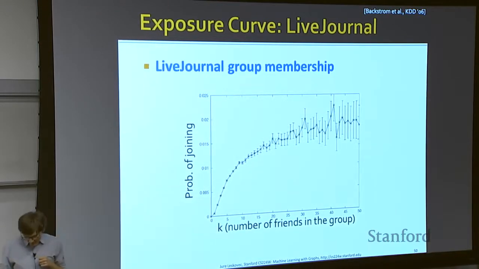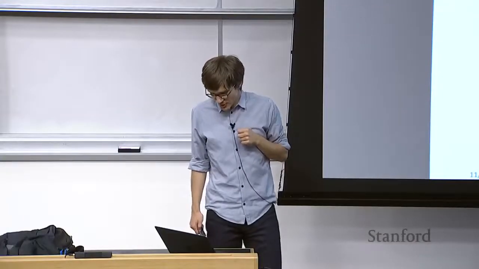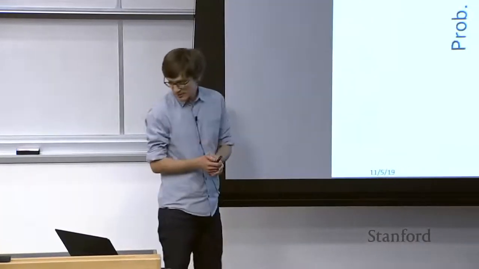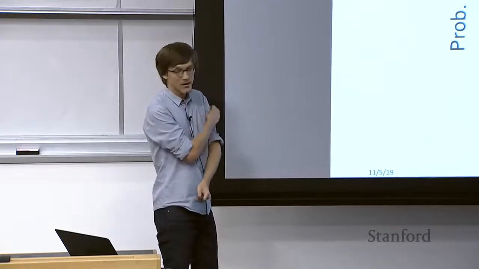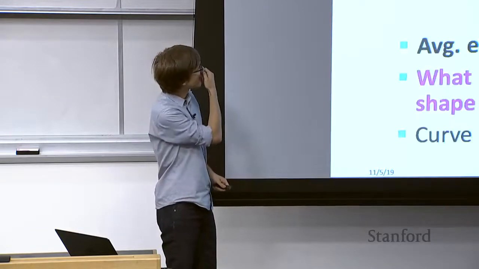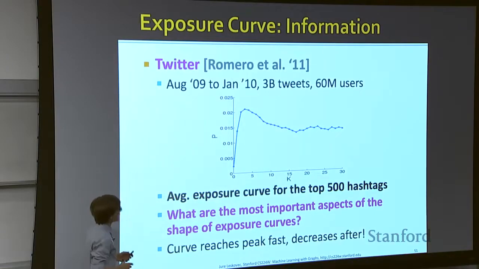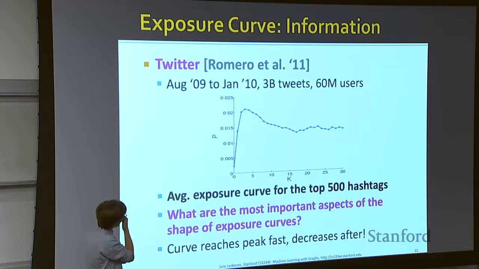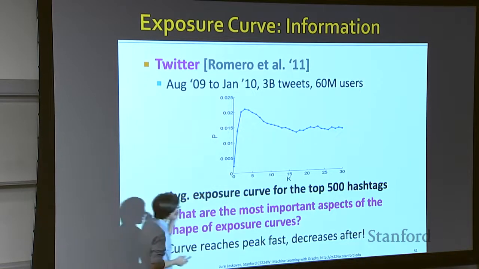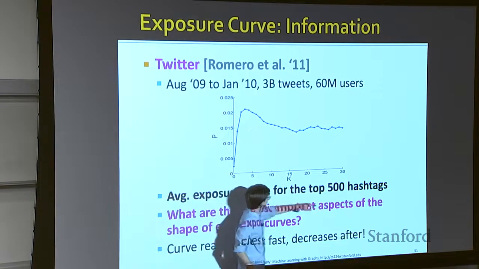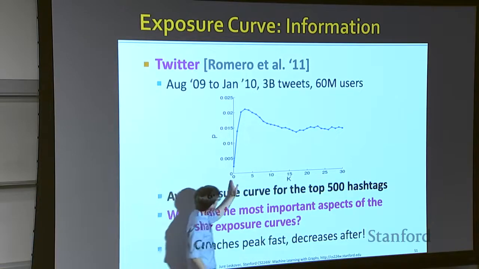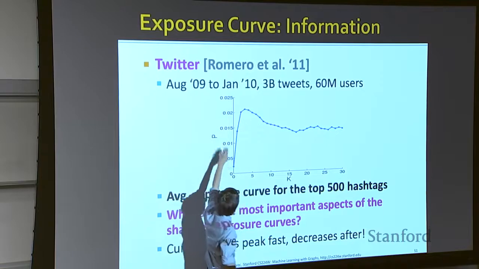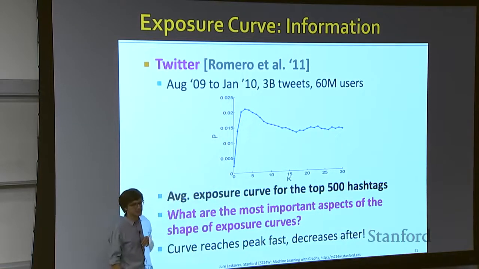So I want to finish the lecture with showing you some examples of how these exposure curves look like on Twitter. So here is an analysis of 3 billion tweets and 60 million users, where what these guys were doing is they were measuring these exposure curves for the top 500 most popular hashtags. So the idea is, how often did you see the hashtag versus what is your probability of using it?